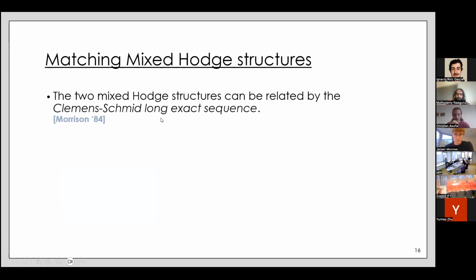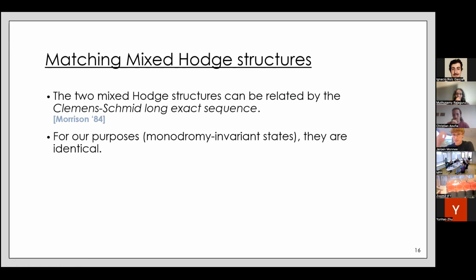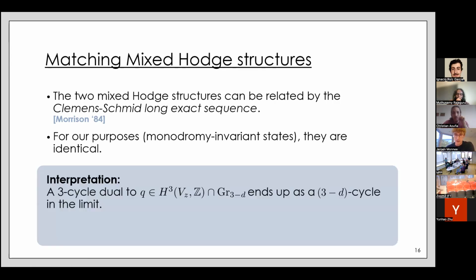So formally, you can relate these two mixed Hodge structures using something called the Clemens-Schmid long exact sequence. Again, the details will not be too important for us because it turns out that things simplify a lot for the states that we consider. So the states we consider are always monodromy invariant. And so you can show for these states that essentially these graded spaces are isomorphic. So you can think of them as being identical. And it has a straightforward geometric interpretation.